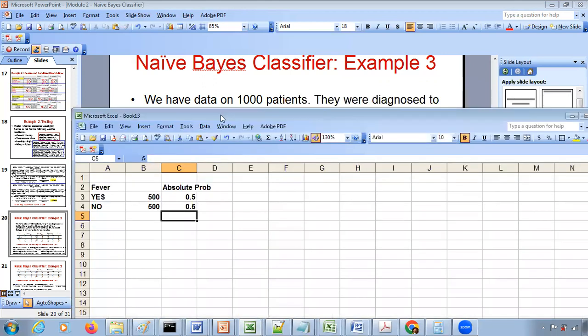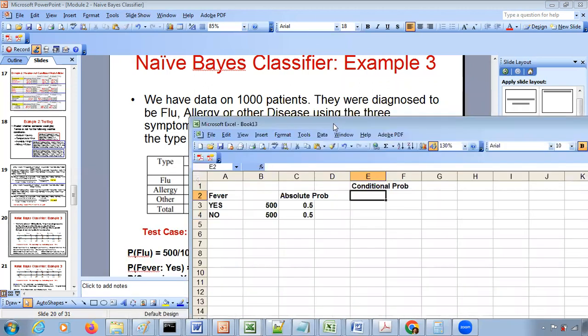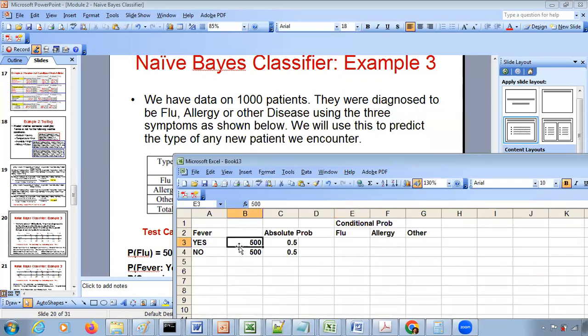So now we are ready to calculate the conditional probabilities depending on the type of disease. So we can have either flu or allergy or other. Out of the 500 who reported yes for fever, 400 belong to flu.